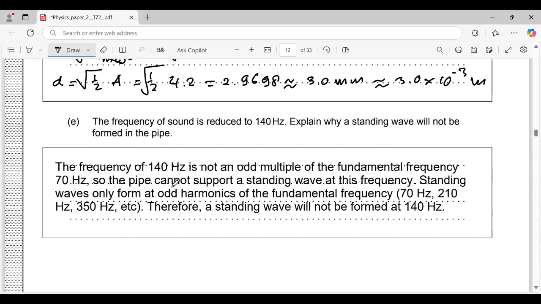So the pipe cannot support a standing wave at this frequency. Standing waves only form at odd harmonics of the fundamental frequency. Odd harmonics are 70 Hz, 210 Hz, 350 Hz, and so on. Therefore, a standing wave will not be formed at 140 Hz.